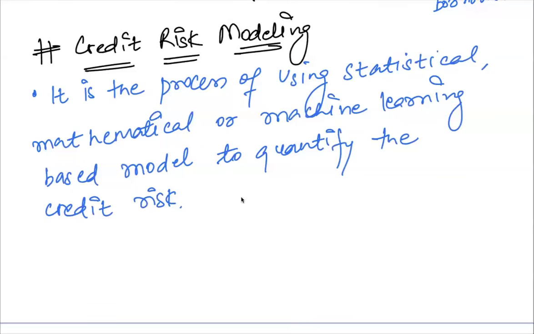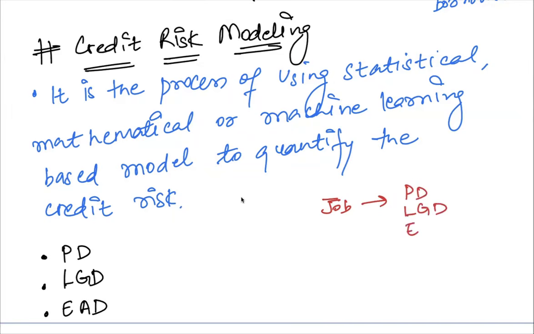Now, when we say credit risk modeling, what we actually mean is three things: PD, LGD, EAD. And that's where, if you look at any credit risk job description, it will use these terms PD, LGD, EAD.